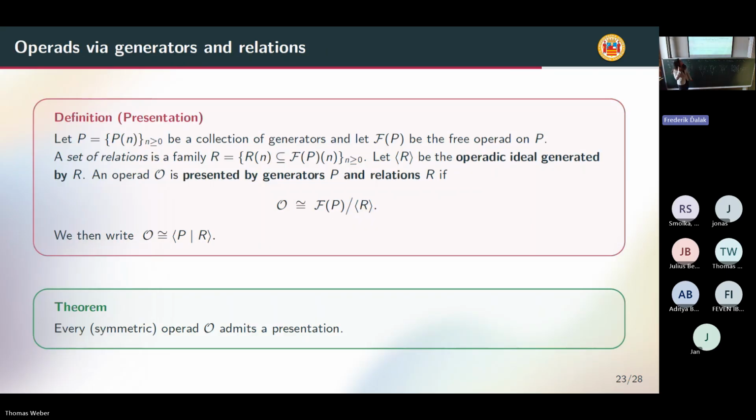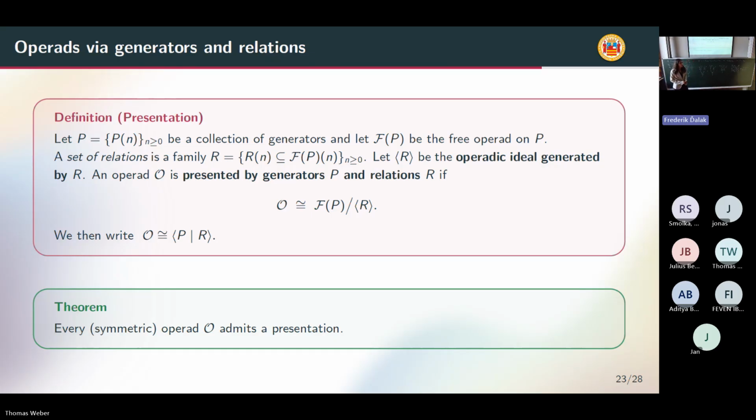Okay, so finally, an operad O is presented by generators P and relations R if the operad O is isomorphic to the quotient of the pre-operad generated by the family of generators P, by the ideal generated by the relations R. And here, ideals and quotient are the analog of the definition you are familiar with in algebra.